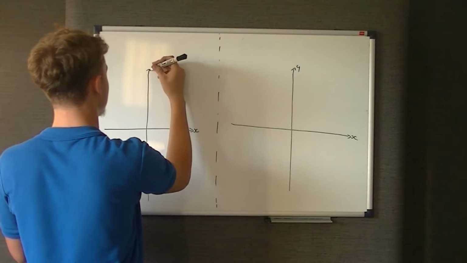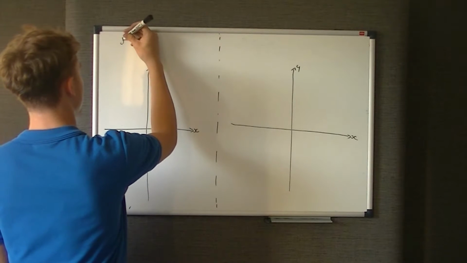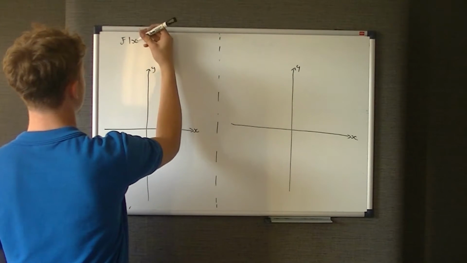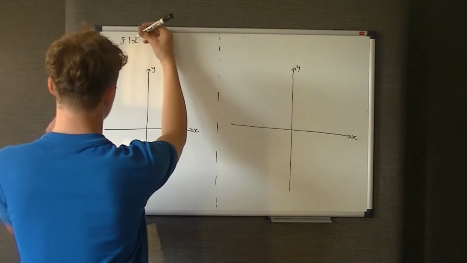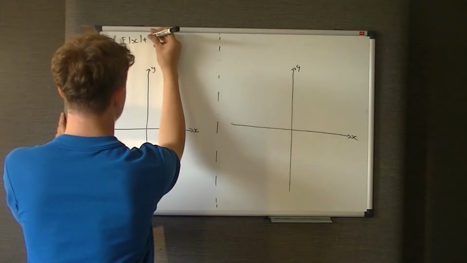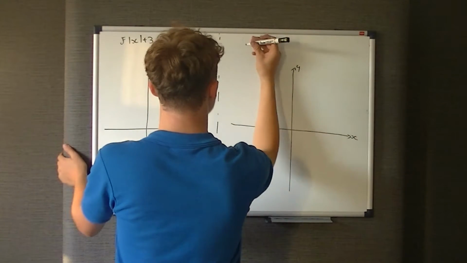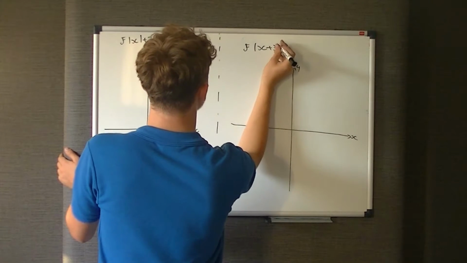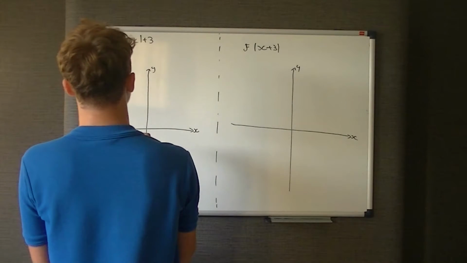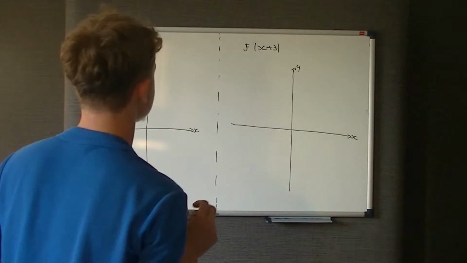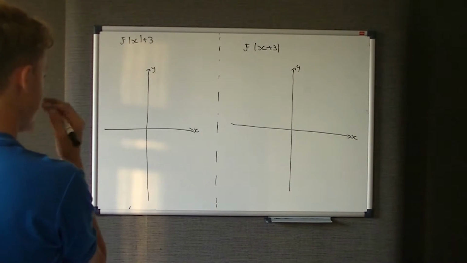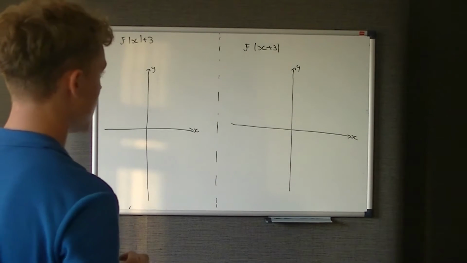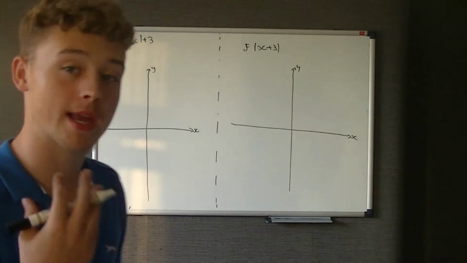One is going to be f of the modulus of x plus 3, and one is going to be the modulus of f of x plus 3. So what does this actually mean? Essentially what we've got here is y equals x plus 3.